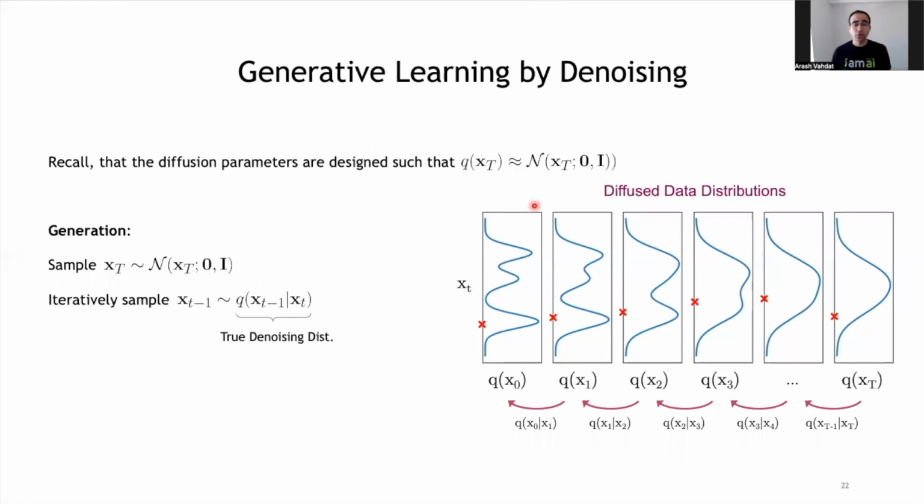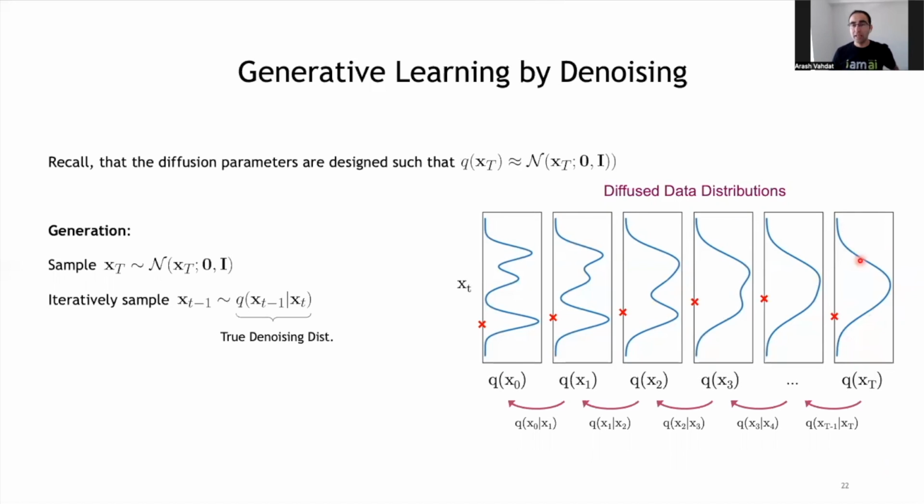Okay, so far we talked about the forward process and how this forward process smoothens the data distribution. Now let's talk about how we can define a generative model out of this. In order to generate data in diffusion models, we can start from the base distribution at the end.